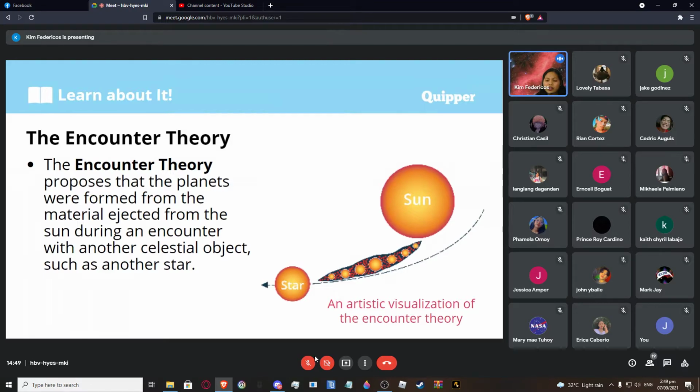So basically, this theory explains that the planets and other bodies in our solar system were created through a collision with another object or another star, right after which the materials were thrown out, and those ejected objects would become the planets, moons, and other objects in our solar system.